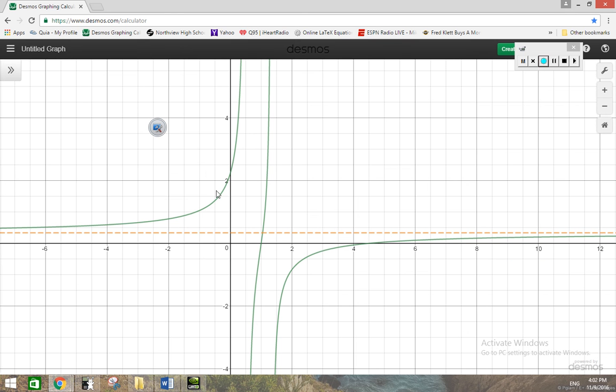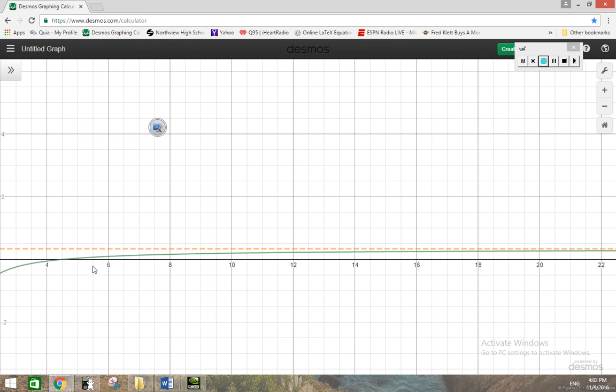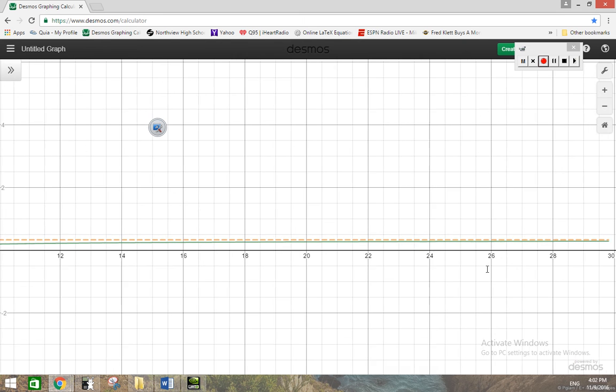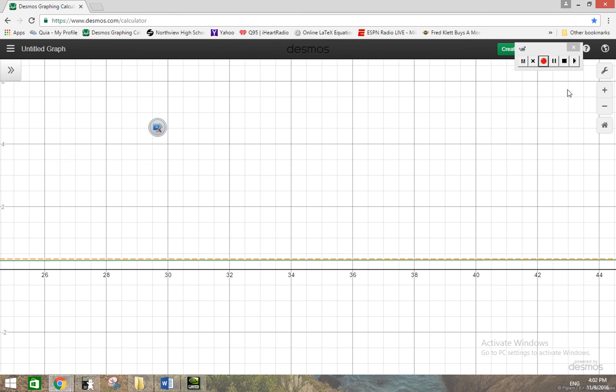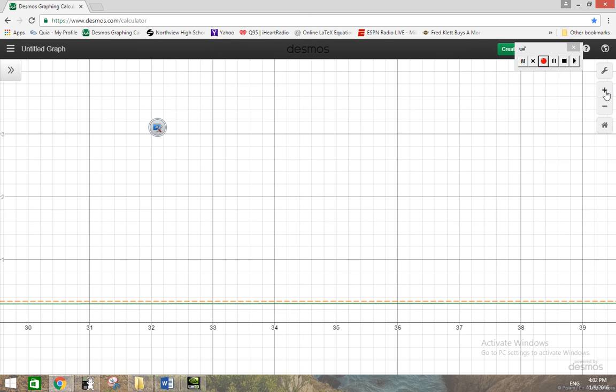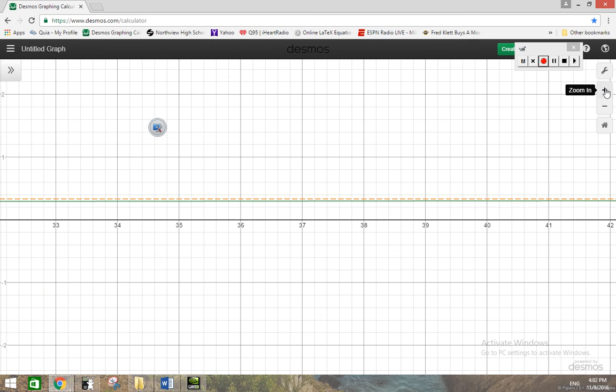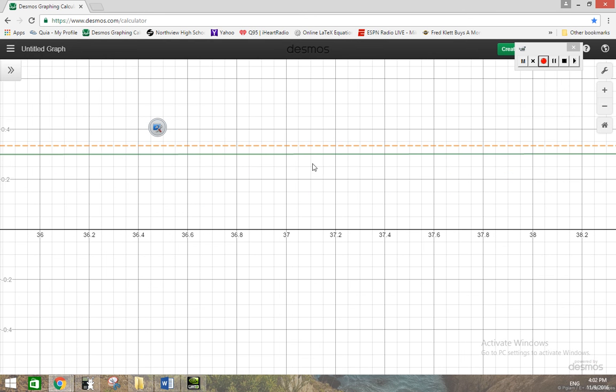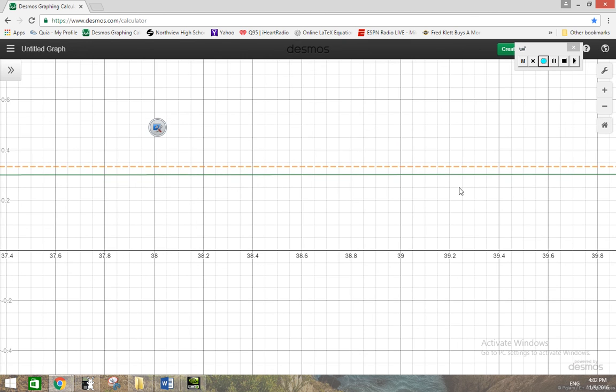So here it was coming at it from above, here it's coming at it from below, and like I say, close to the origin, it could cross it multiple times, but eventually it's going to level off, and here it's coming at it from below. And if you zoom in close enough, you can see that green line is slightly below the dashed line, and it just continues to get closer to it.